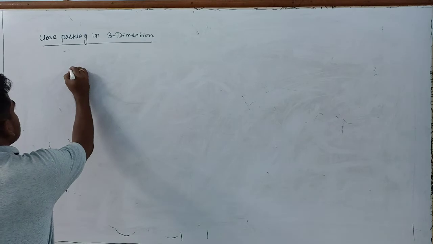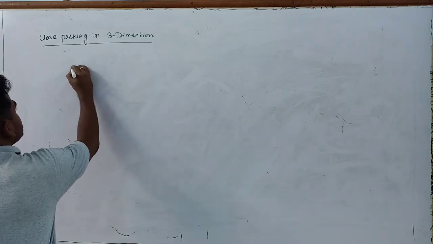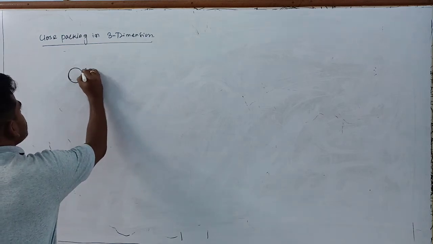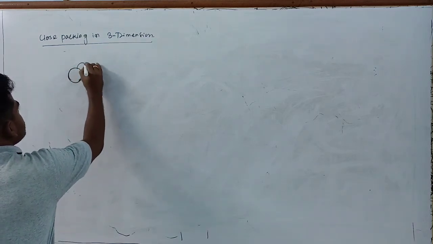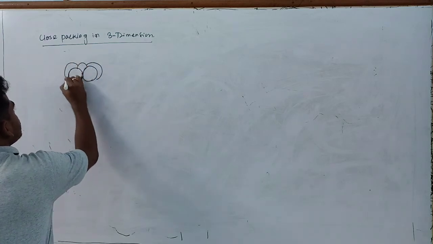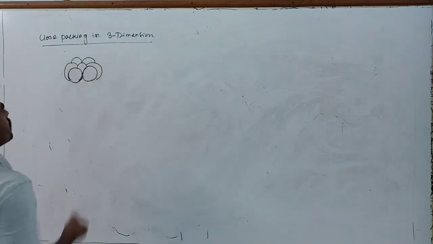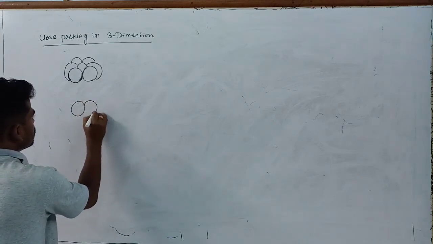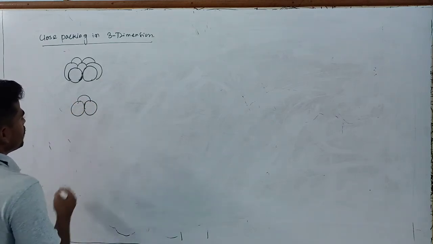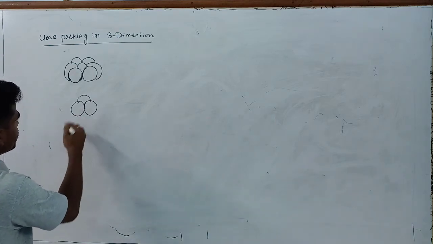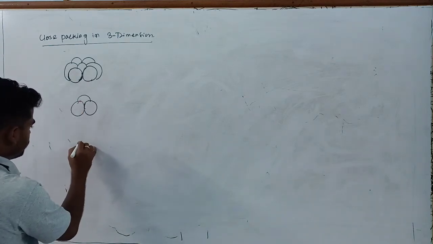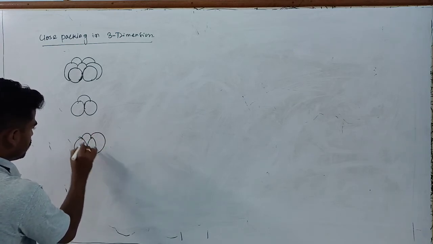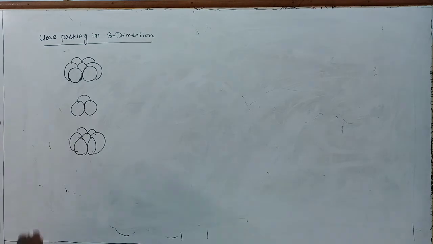Suppose this is your hexagon, this is the central sphere. Is that clear? So next 3 spheres, the layer B like this, and just below it exactly the same layer I am getting over here, like this. Is that clear?